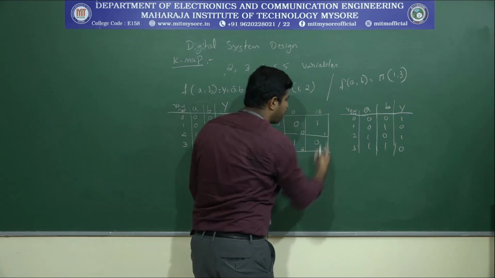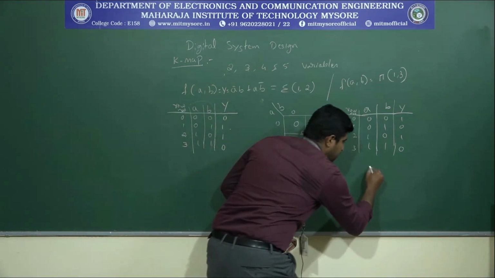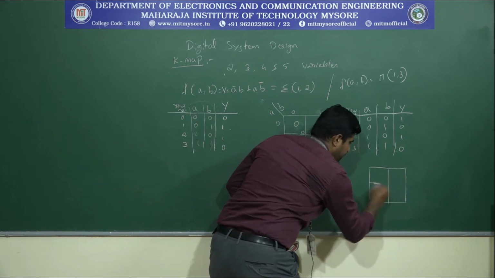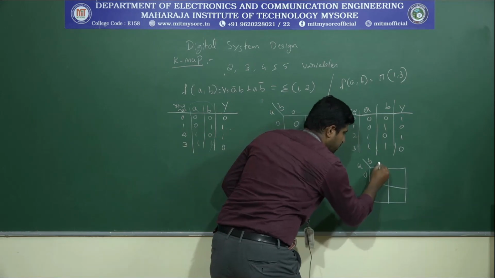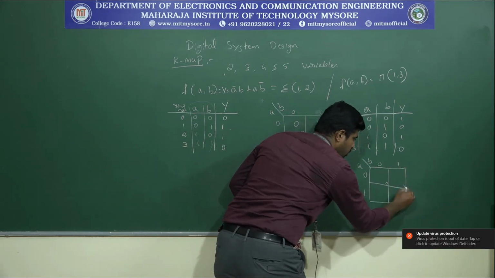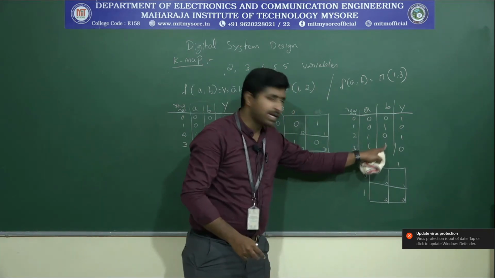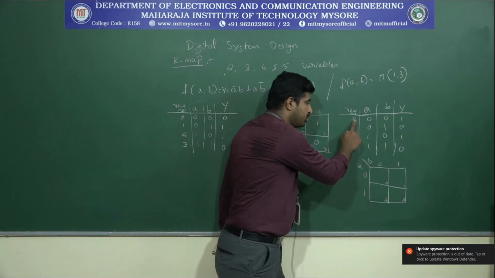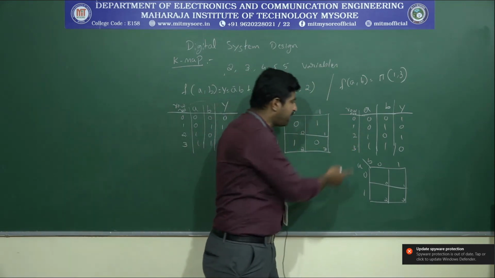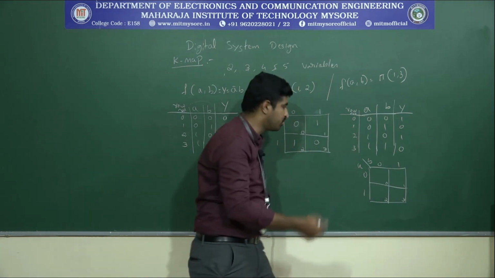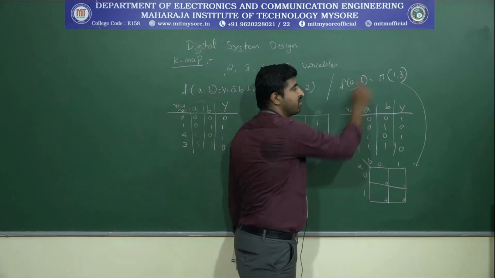So the K map again, if you write the K map for this, A B, 0 1, 0 1, cells 0 1 2 3. If you write a K map for this truth table, that means cell number 0 and cell number 2 will have a 1 and the remaining cells 1 and 3 will be 0. So we can directly write the K map by using this equation also.